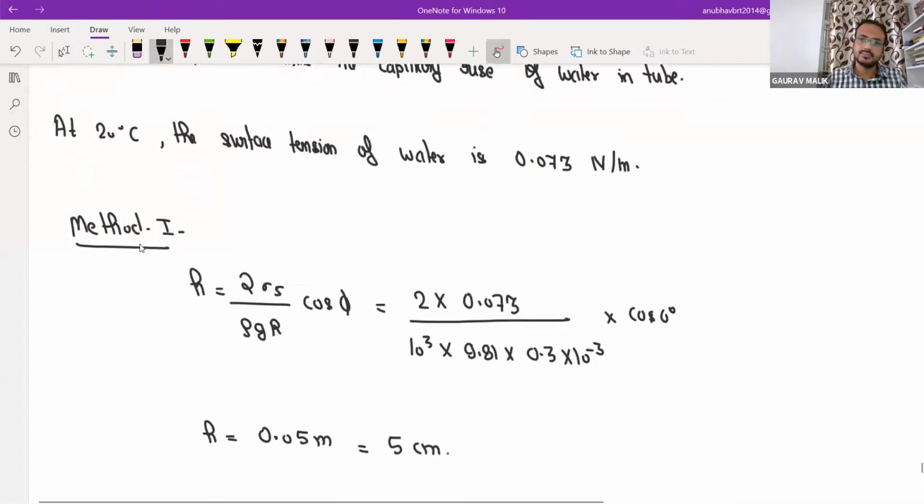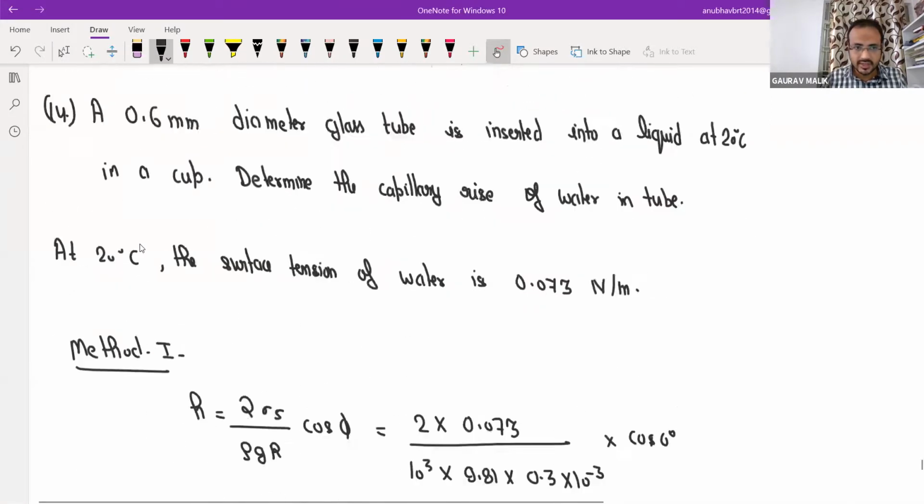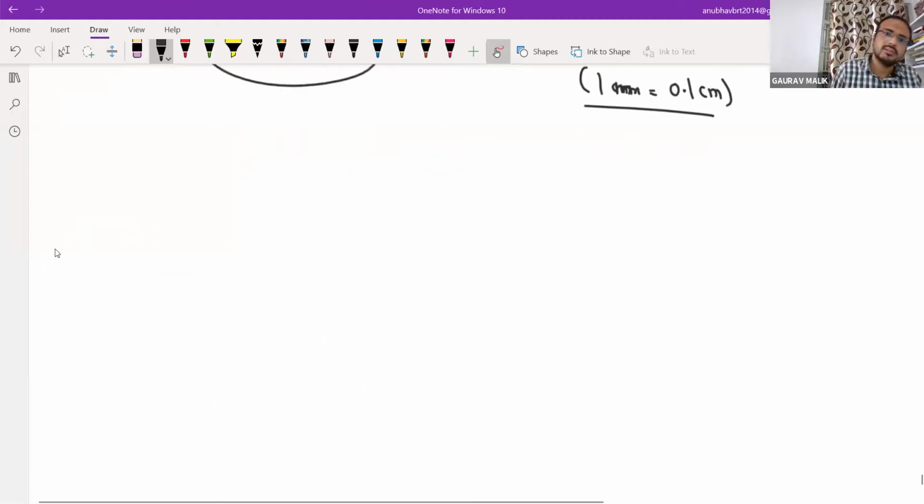In such a manner, we have finished this. Write down one more question, then we will start the next one. Are we getting the same answer or not? Very good.